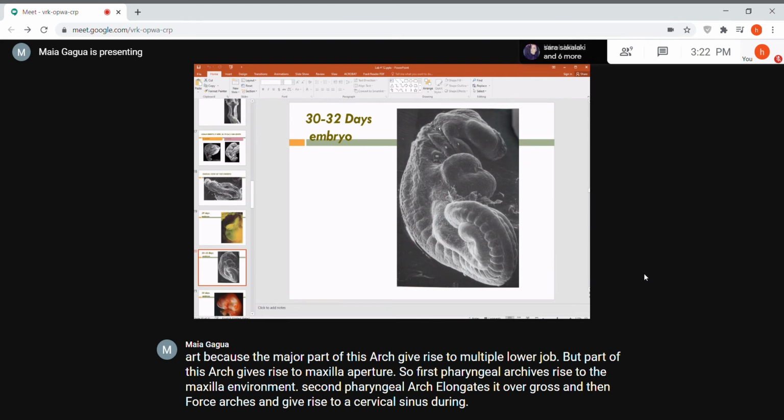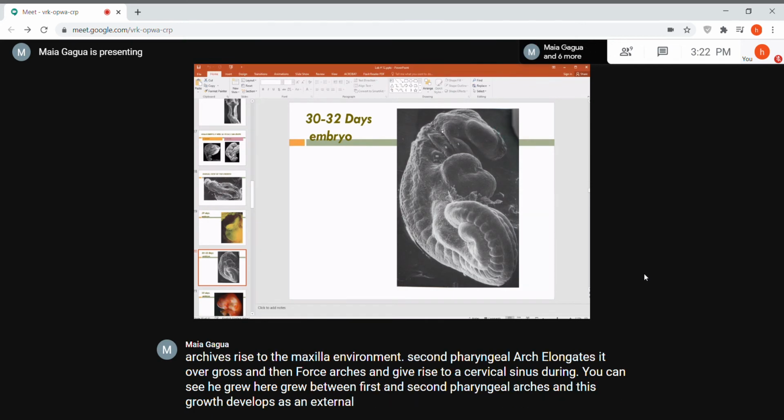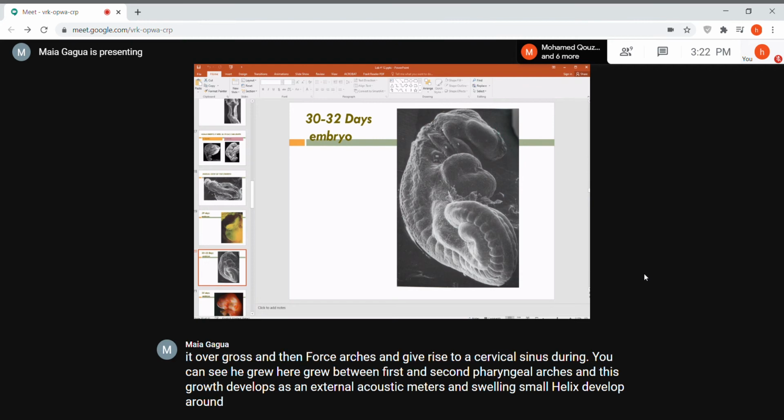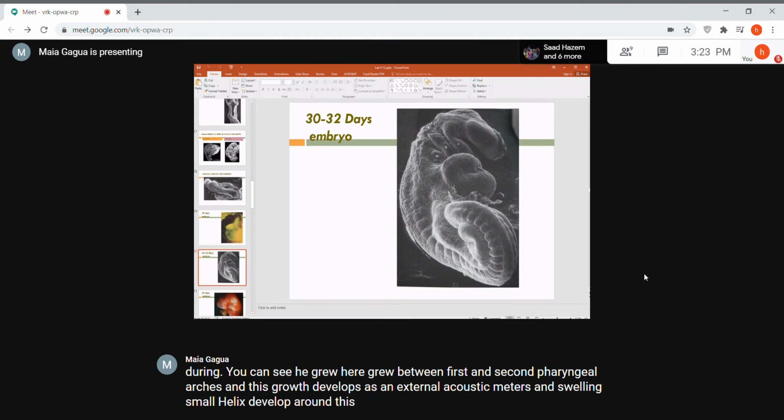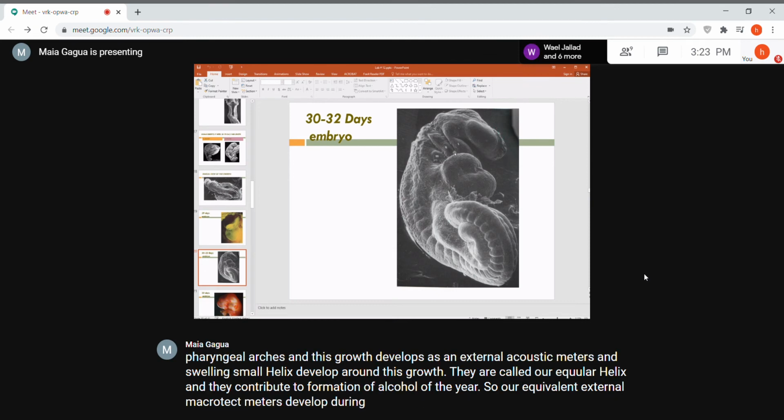You can see here groove between first and second pharyngeal arches, and this groove develops as an external acoustic meatus, and swelling small hillocks develop around this groove. They are called auricular hillocks, and they contribute to formation of auricle of the ear. So auricle and external acoustic meatus develop during 6 week.